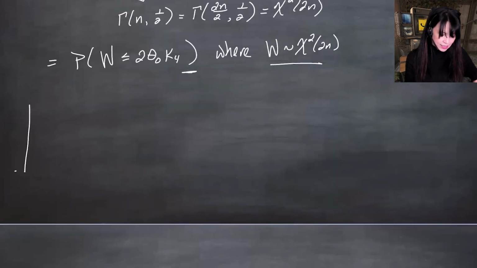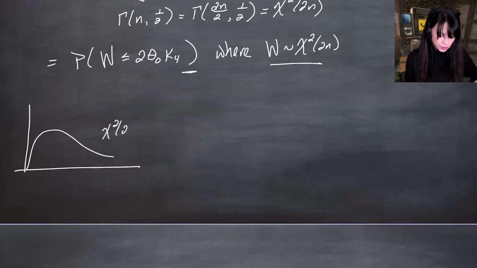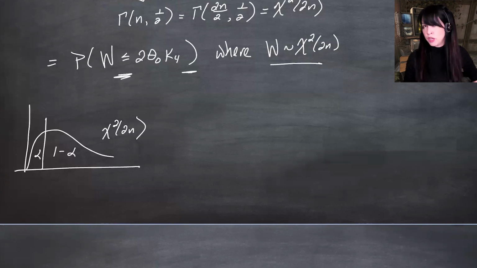So if I look at a chi-squared 2n distribution, I want to be below some number with probability alpha. That means we're above it with probability 1 minus alpha. And for our critical value notation for this class, we call this number chi-squared sub 1 minus alpha, comma 2n.